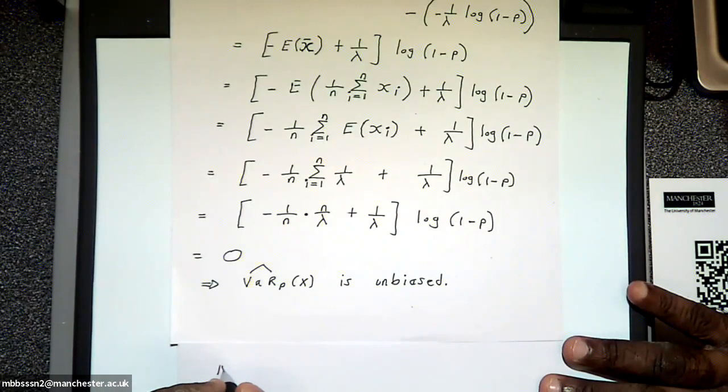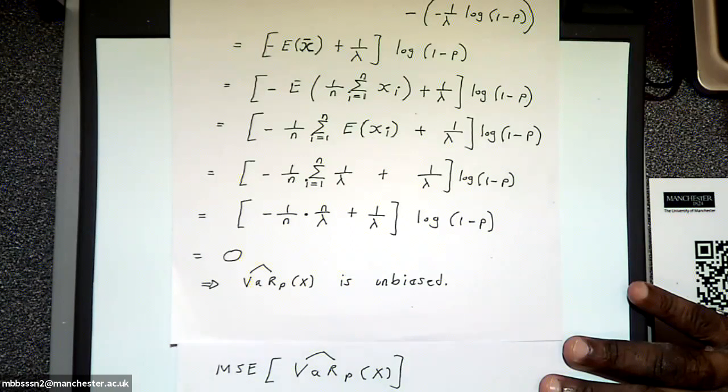So the MSE of VaR is going to be the MSE of minus x bar times log of 1 minus p.